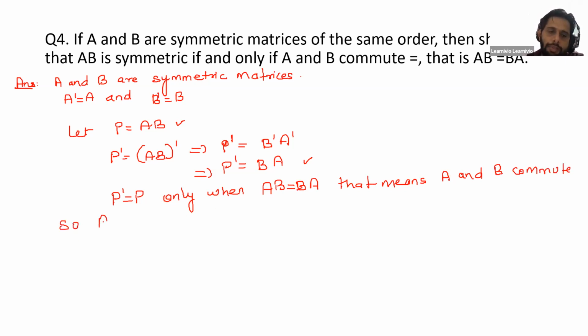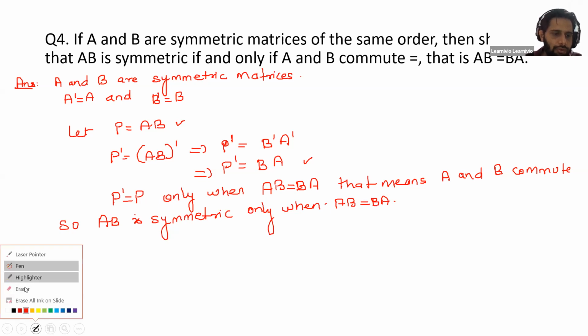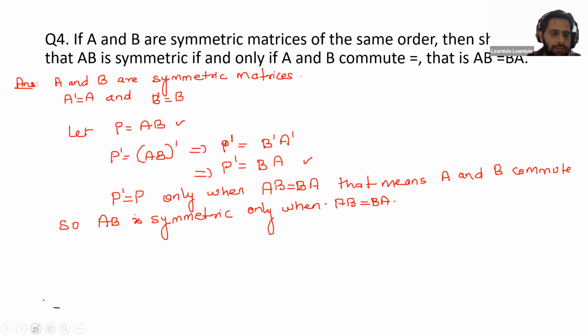So AB is symmetric only when AB is equal to BA. This is clear to everyone. This is a very simple question. This is clear to everyone. Noma, Huzaifa, Unib, Yashika, this is clear.